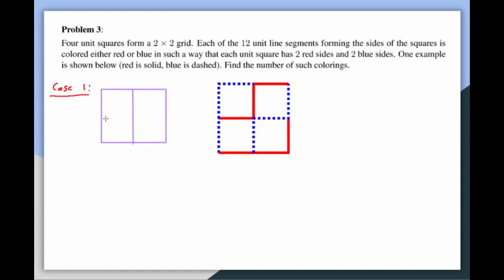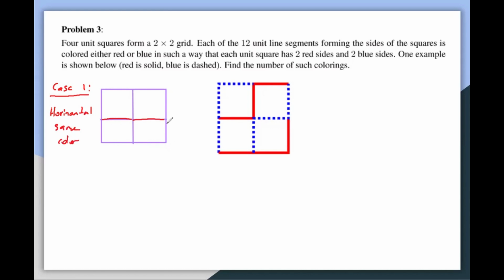Imagine this is the one that we are given. For now, I'm not going to consider the first color choice, because at the end, if I choose red first, then I can double that to make it blue as well. So my first case, I'm going to choose the two horizontal ones, this guy and this guy, as red. So the horizontals are red, or the two horizontals are blue. So the horizontal ones are the same color.